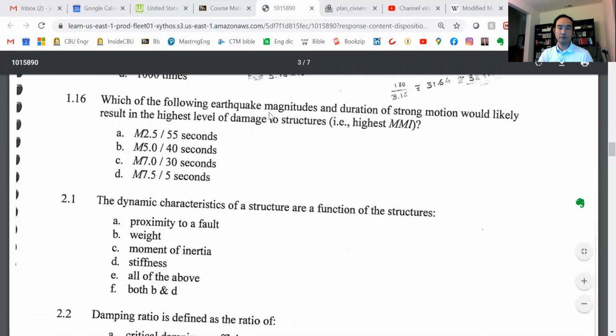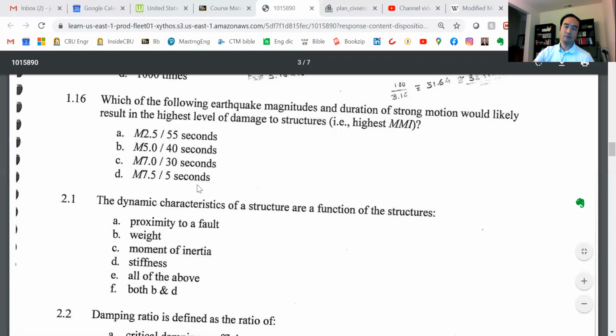Which of the following earthquake magnitudes and duration of strong motion would likely result in the highest level of damage to the structure? In other words, the highest MMI. So magnitude 2.5 with 55 seconds, magnitude 5.0 with 40 seconds, magnitude 7.0 with 30 seconds, magnitude 7.5 with 5 seconds.